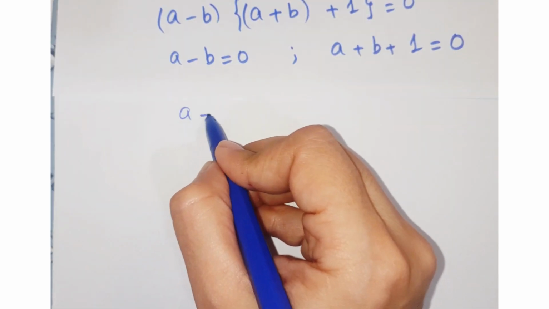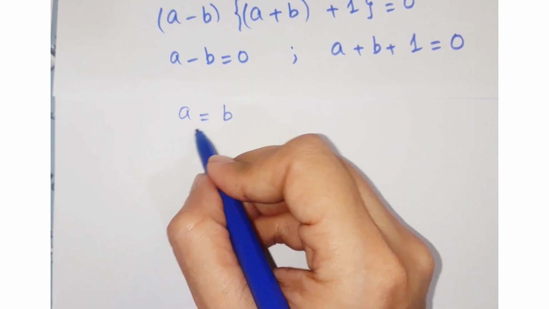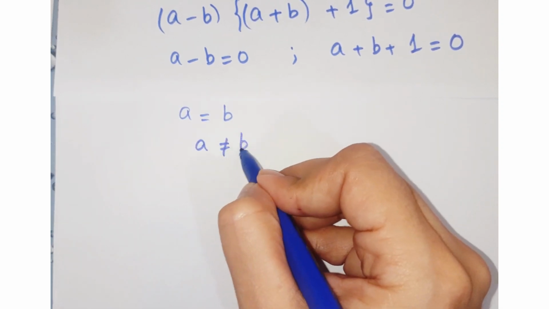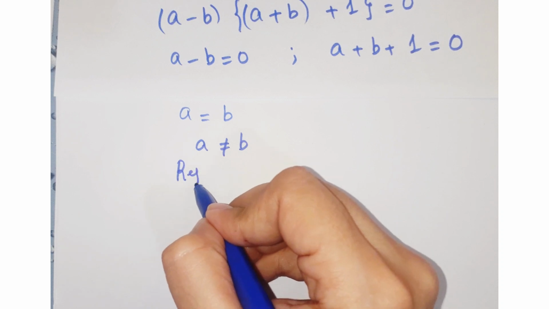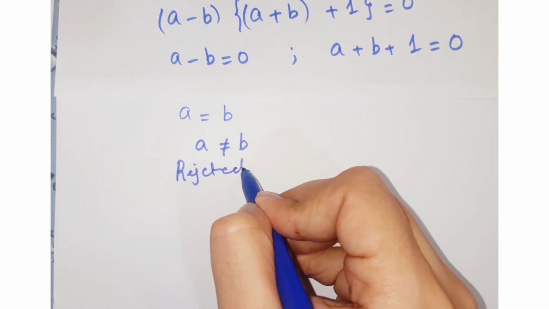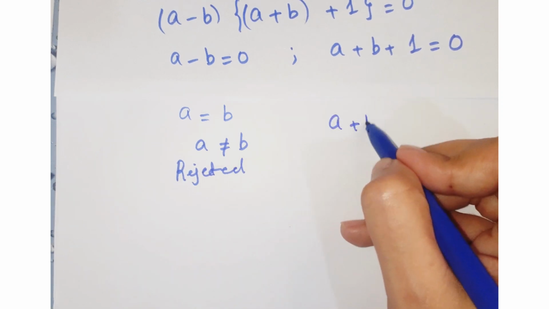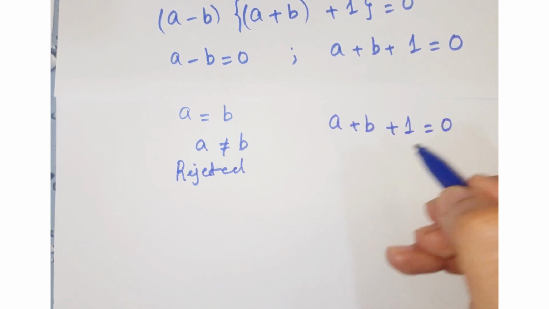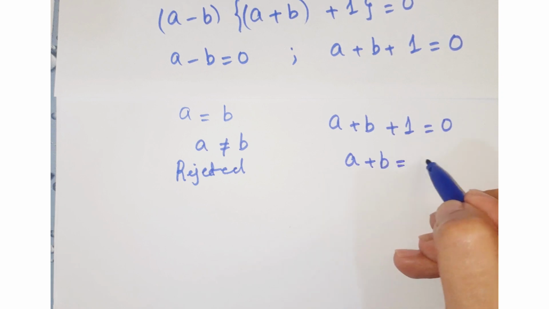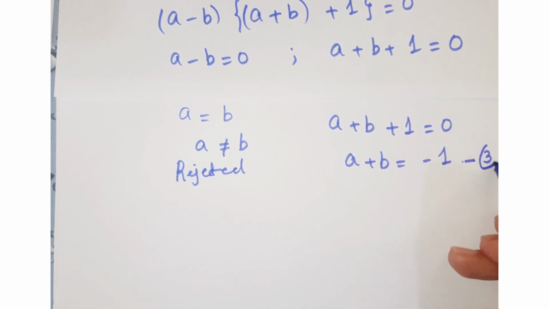Now further you can say a is equal to b, but it's mentioned in the question that a is not equal to b, so we just reject this. Right? And here a plus b plus 1 is equal to 0.